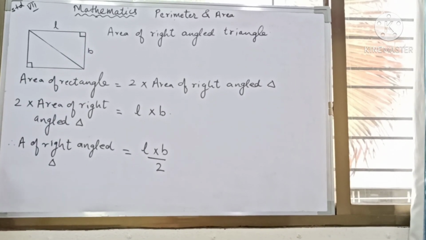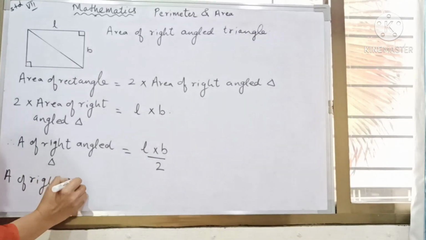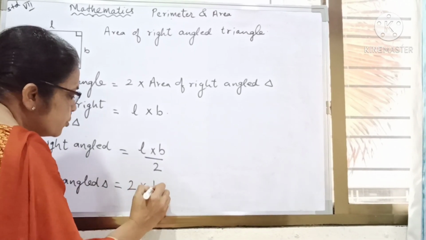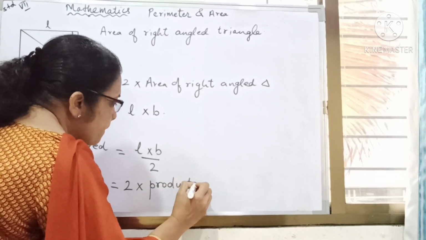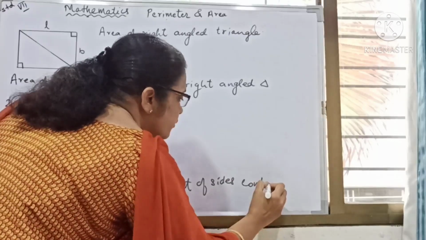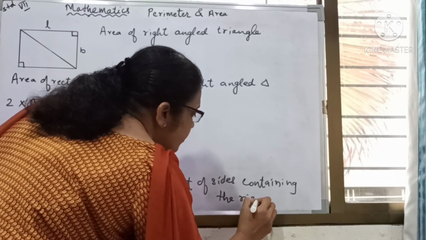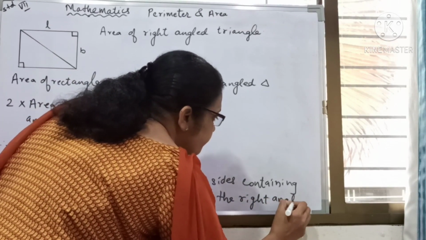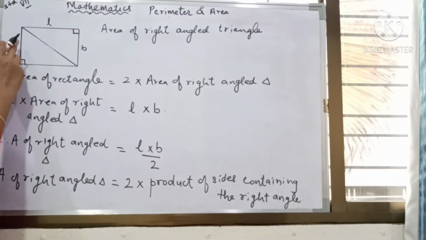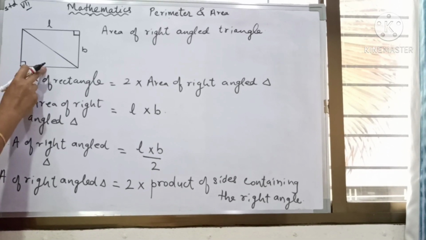So we can also say area of right angle triangle is equal to product of sides containing the right angle. These two sides contain the right angle.